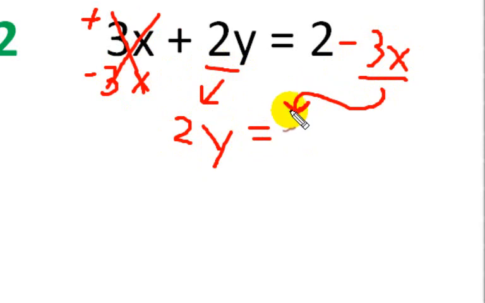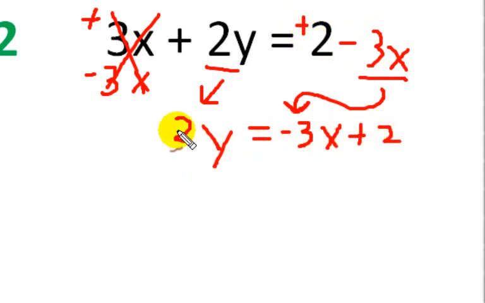I don't know what the slope actually is yet, but I know this number here, this number x, I want it to be in front of this positive 2. So I'm going to put this plus 2 in the back.